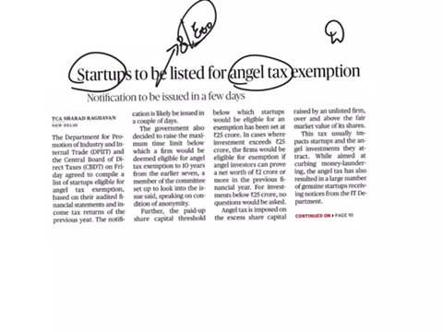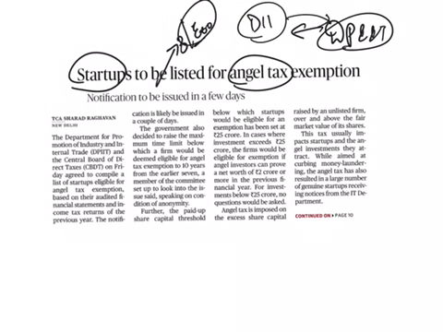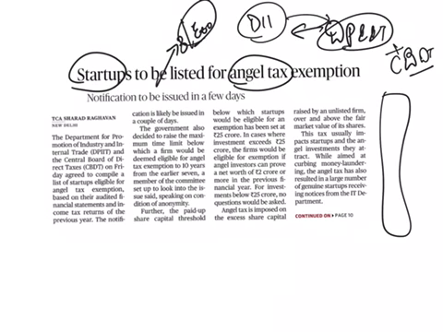The Department for Promotion of Industry and Internal Trade, which was previously known as DIPP, Department of Industrial Policy and Promotion, which got rechristened, and the Central Board of Direct Taxes have agreed to compile a list of startups eligible for angel tax exemption based on their audited financial statements and income tax returns of the previous year.